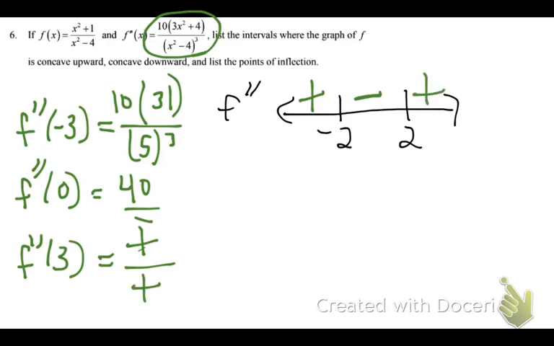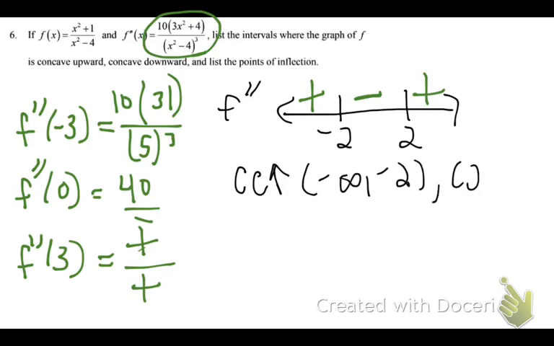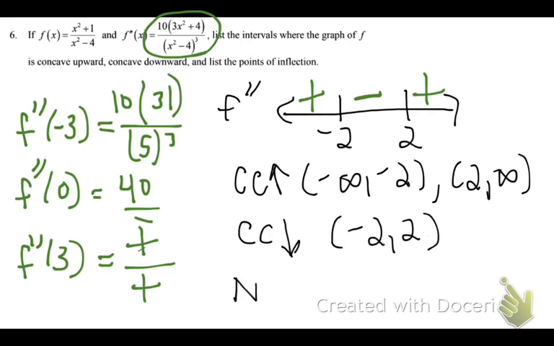So we have positive. Again, just like we talked about with the first derivative test, we can't always assume that we're going to have a sign change. We need to check those every single time. So analyzing the concavity, this graph is concave up from negative infinity to negative 2 and 2 to infinity, concave down from negative 2 to 2, and no points of inflection.